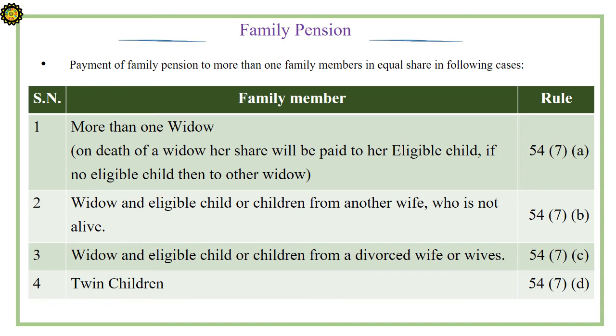Widow and eligible child or children from another wife who is not alive, under the rule 54(7)(b). Widow and eligible child or children from a divorced wife or wives, under the rule 54(7)(c). Twin children, under the rule 54(7)(d).